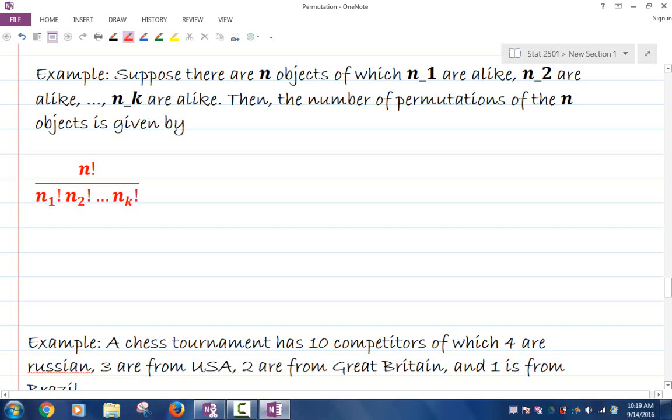If the objects were distinct, then you only get n factorial, but because n1 of them are the same, n2 of them are the same, and nk of them are the same, you have to divide by n1 factorial, n2 factorial and nk factorial. Is that making sense? Okay. Let me know if you're done writing it down, and we're going to do some examples.